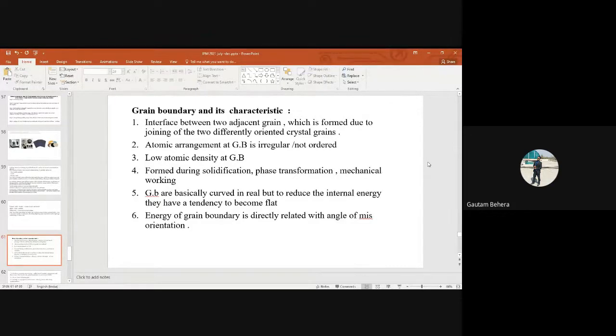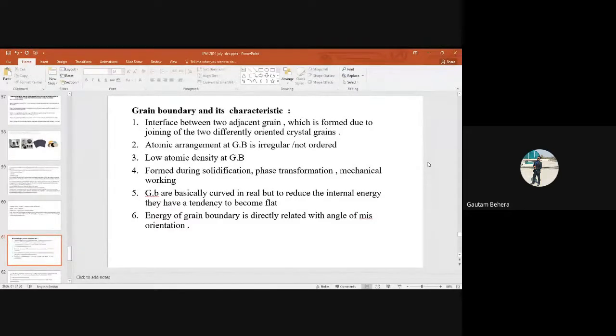What do you need to do? Obviously, you need to do sample preparation first to reveal the microstructure. Only then can you say which one is ductile and which one is stronger and harder.